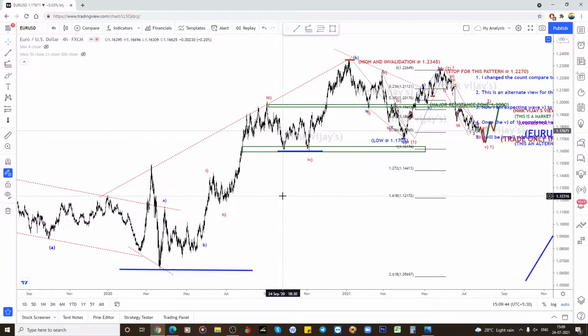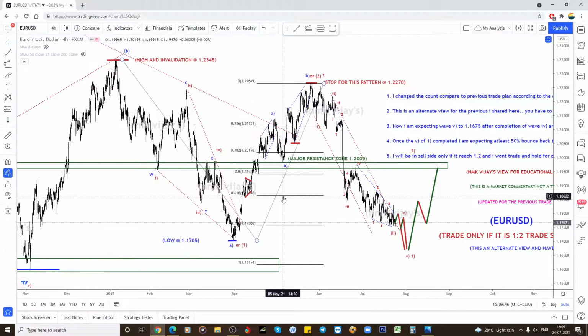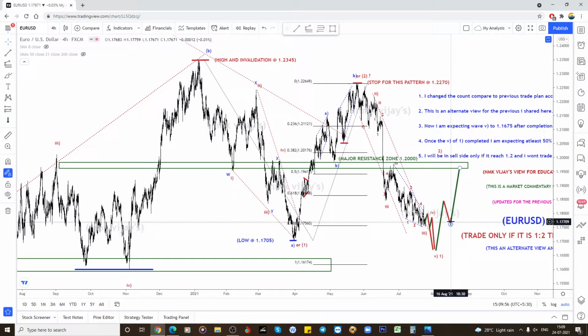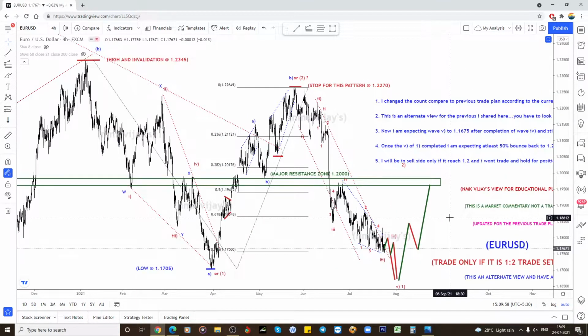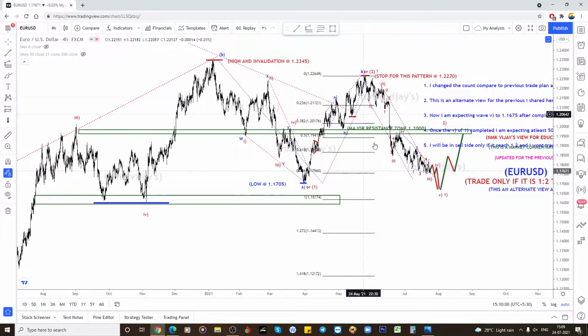But as per my plan, I stick to my view, and this is my stop loss for the positional trade. Whether this is an A or 1 or a bigger one, this is a B or 2, so we are in that C wave as a five-wave structure, or it could be the internal intermediate wave of wave 1 of this double bracketed three.